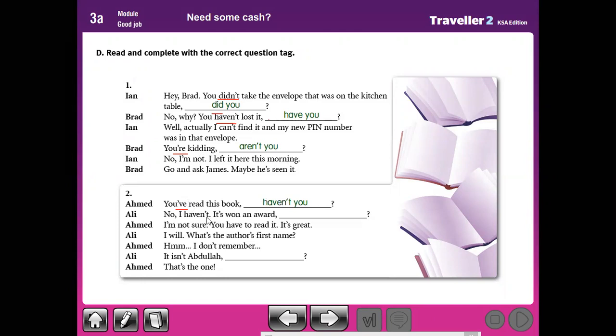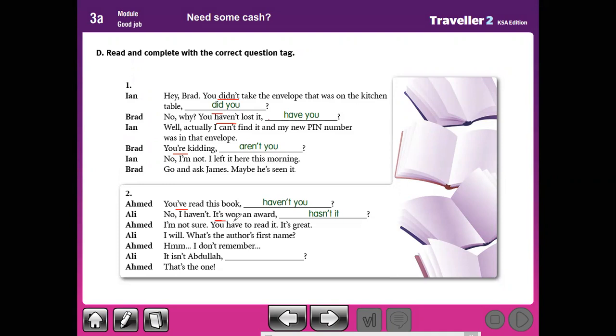No, I haven't. It's one and a word. Here, it's. Pay attention to this. This is the short form or the contraction of has. Apostrophe S is the contraction or the short form of is, or has.